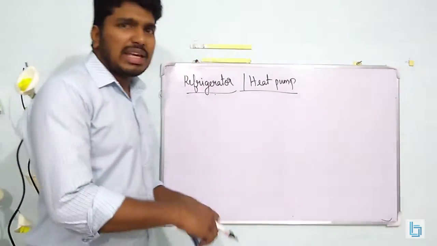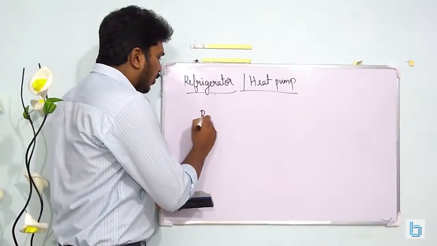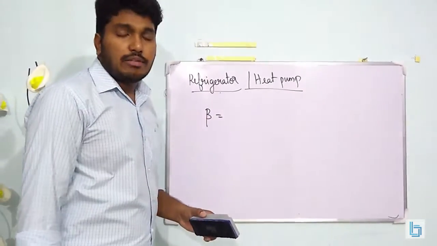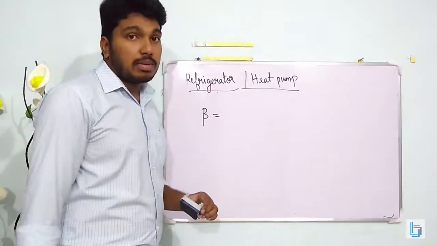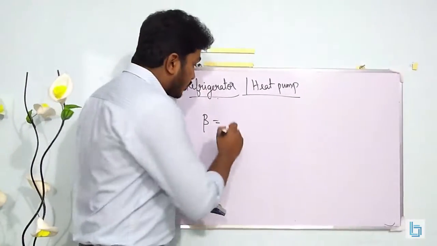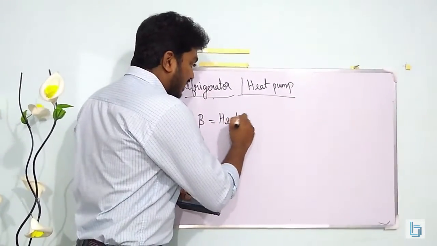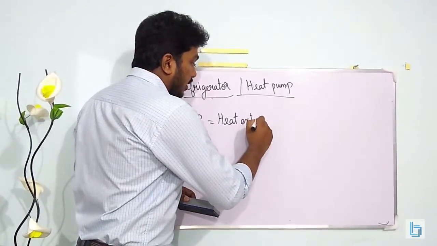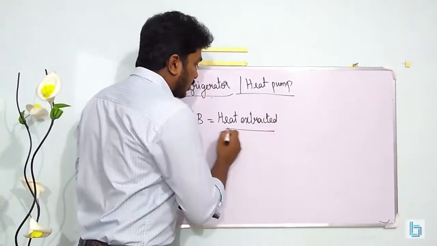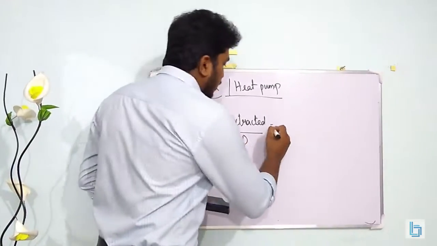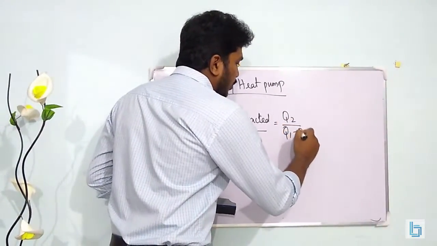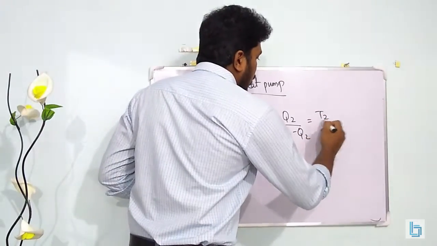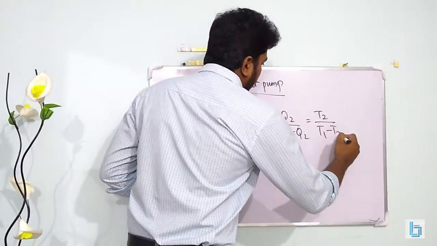Okay. Now here again we can define the coefficient of performance of a refrigerator, represented by beta. Beta is given by the heat extracted divided by the work done. So this can be written like this: Q2 divided by Q1 minus Q2, or you can write it like this: T2 by T1 minus T2.